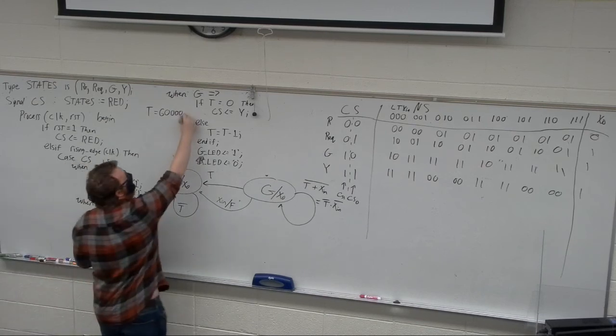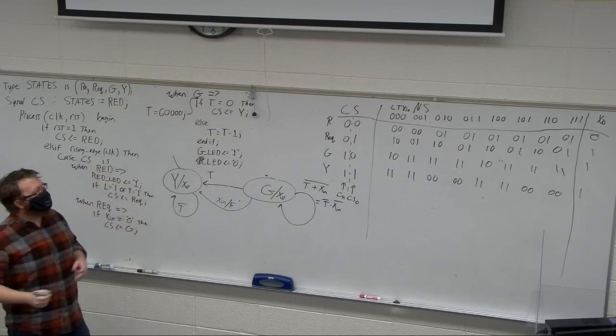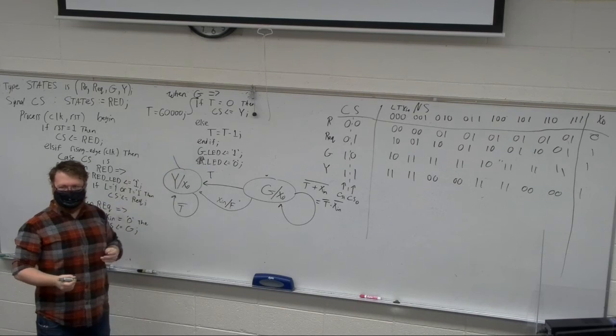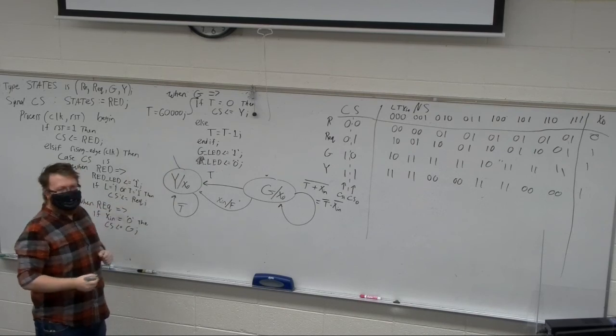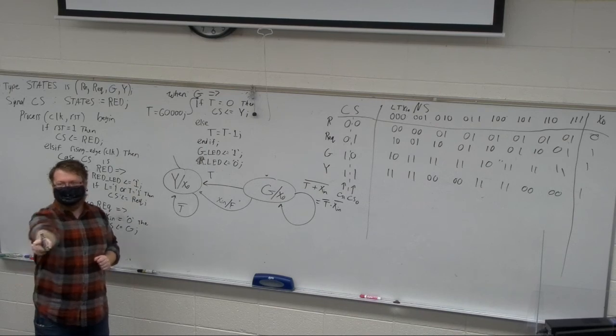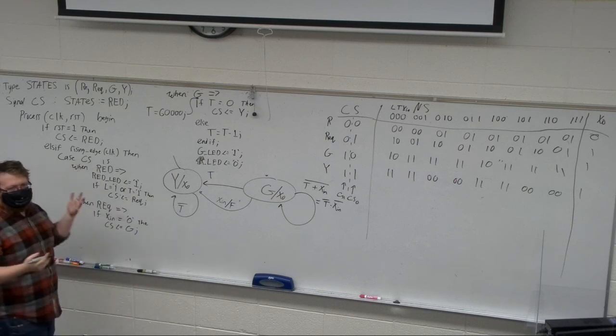And then they just write this here as their first thing. And then they go, okay, well, we come into the state, I make T equal to 60,000, and then I count down. Does anybody see why that doesn't work? Exactly. Every time a clock hits, it goes, okay, what is my current state?